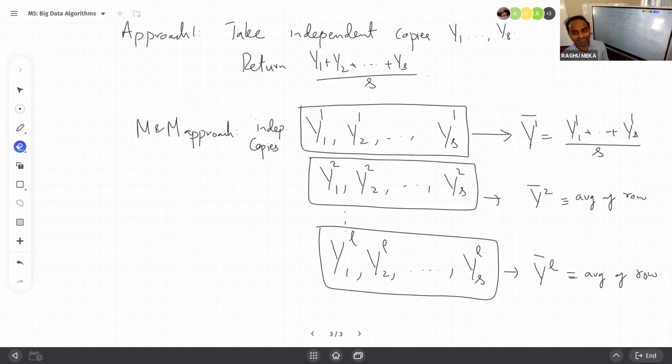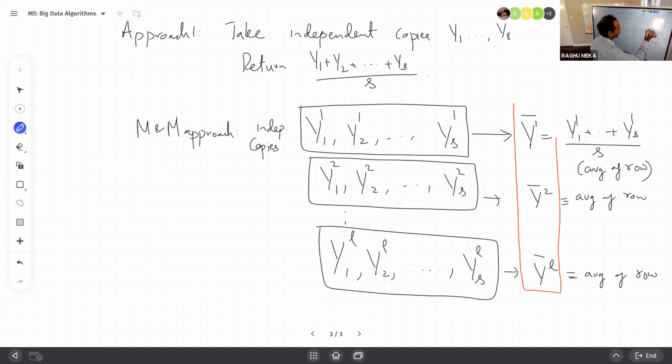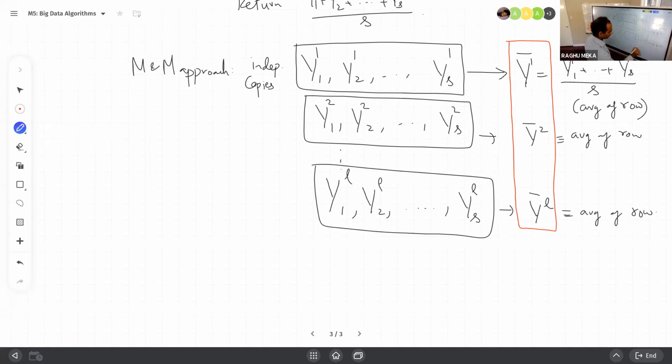I haven't changed anything. But now the trick is to take the median of these means. Okay? All right? Does this make sense?